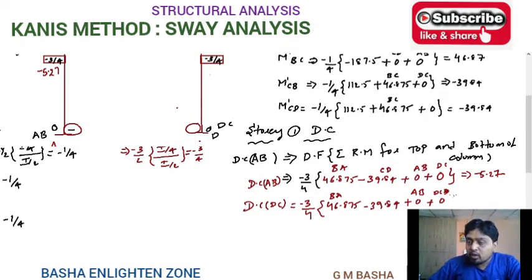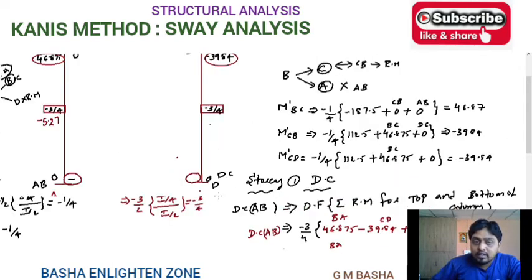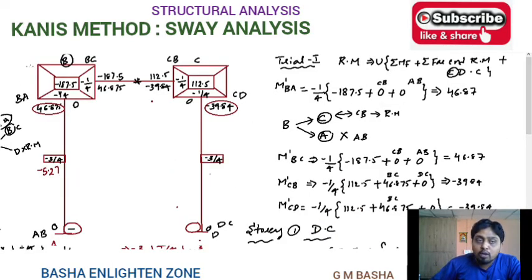And one more thing you have to remember: while calculating the displacement factors, we are considering top and bottom of the columns, both BA and CD. Why? Because while calculating rotation moments, we are considering a related joint B to A only. But while calculating displacement contributions, we are taking both columns.